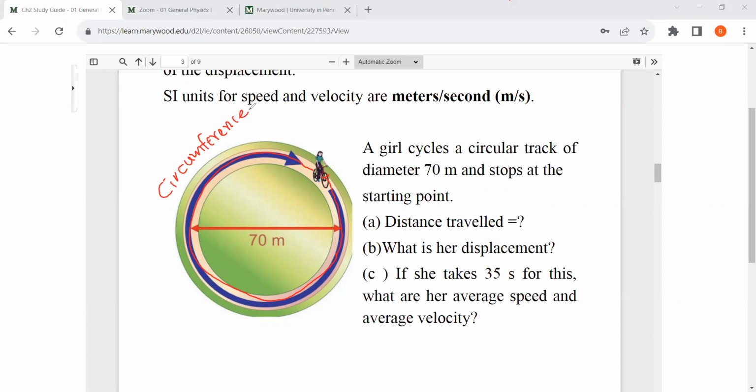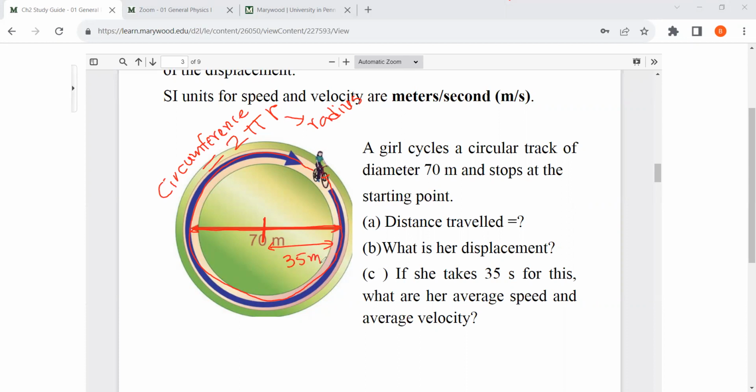of this circle. You probably already learned in math class that the circumference of a circle is just 2 pi r, where r is the radius. So what is the radius? If the diameter is 70 meter, the radius will be half of this, so the radius is 35 meter.